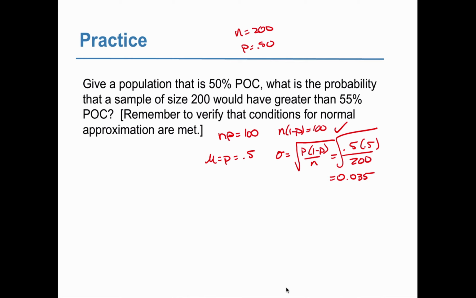So we could do our normal CDF with a lower bound of 0.55, an upper bound of 1E99, a mean of 0.5, and a standard deviation of 0.035.